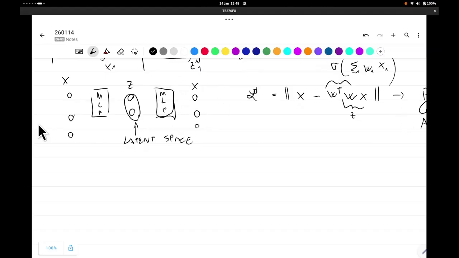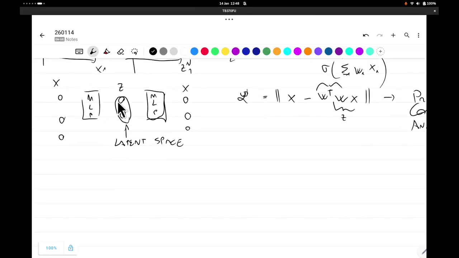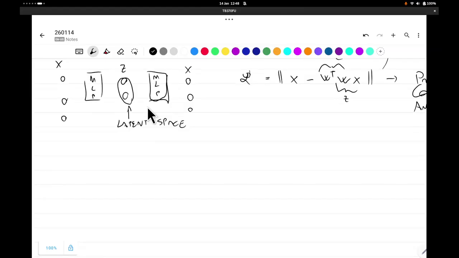Solving it as a linear network is completely pointless, but you could design an architecture in which you need only one layer, and then you project into the latent space and then project back, and then you're learning these coefficients W in these two linear layers of a linear network.